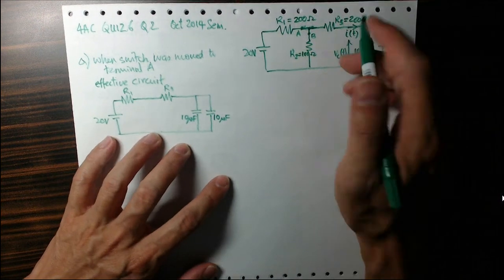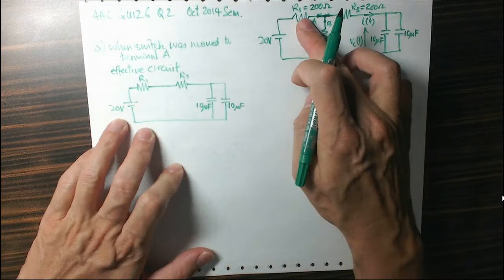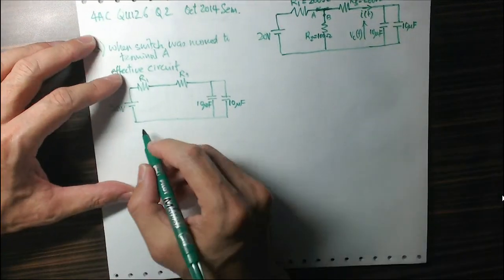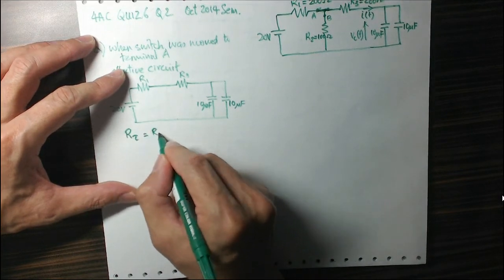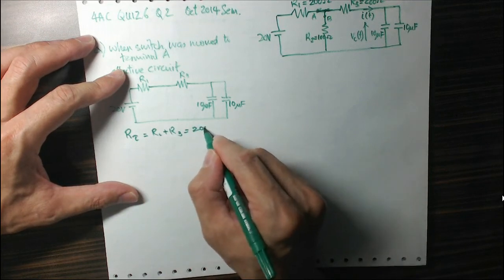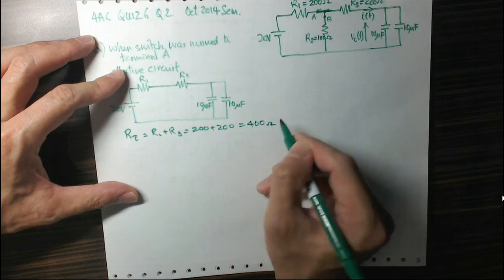Alright, when the switch was moved to terminal A, the effective circuit is just R1, R3, and the two capacitors. So therefore, the total resistance is just R1 plus R3, which is 200 plus 200. That gives me 400 ohms.